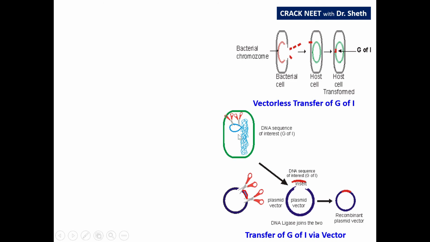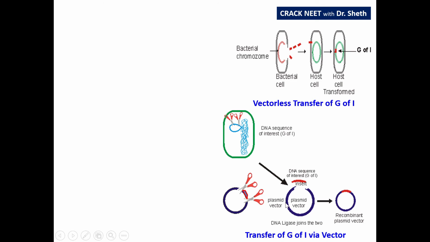Okay, so here what is shown in the second figure, we have the DNA of one organism. From this DNA we are cutting a part of it. This is a plasmid. We'll see what a plasmid is. The plasmid has a gene which is the gene of interest. This is cut by what is called molecular scissors, and this gene is inserted into another plasmid.